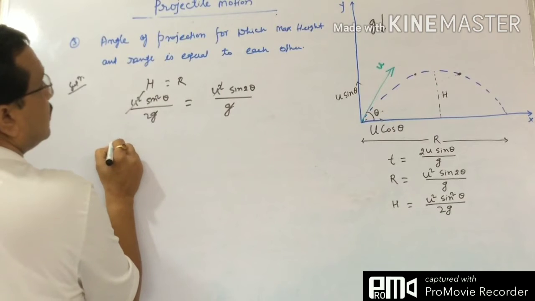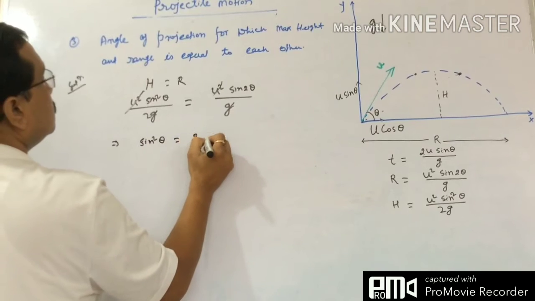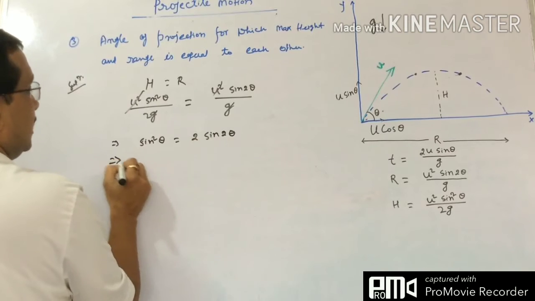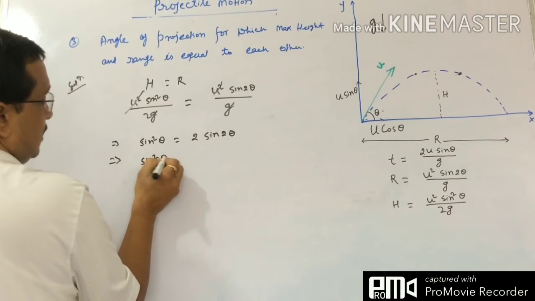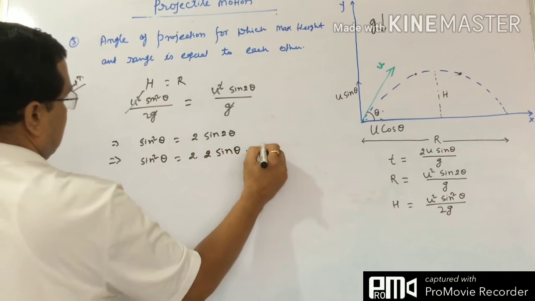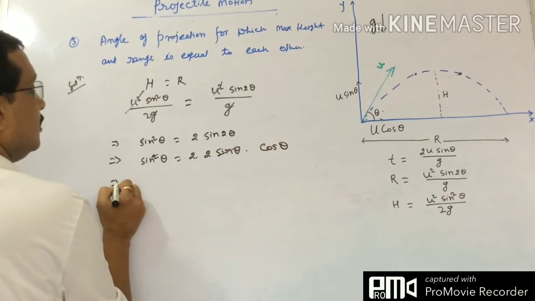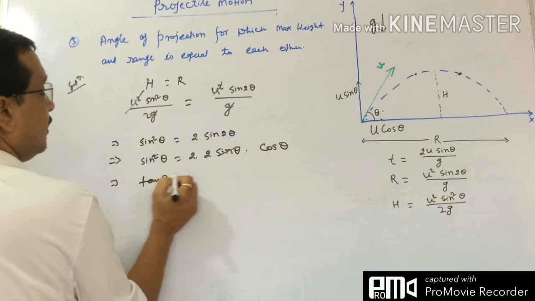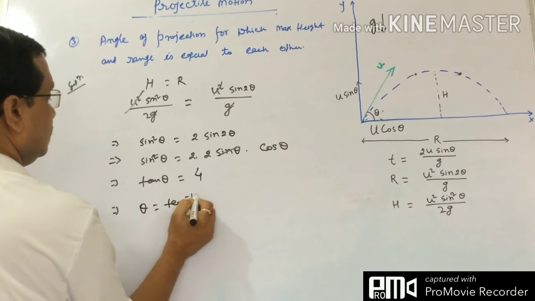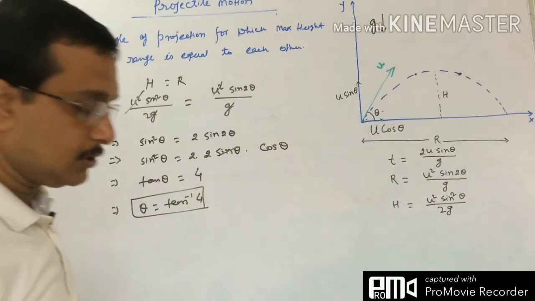So sin square theta equals to 2 sin 2 theta, that implies sin square theta equals to 2 into 2 sin theta cos theta. One sin theta gets cancelled. So here tan theta equals to 4, that implies theta equals to tan inverse 4.